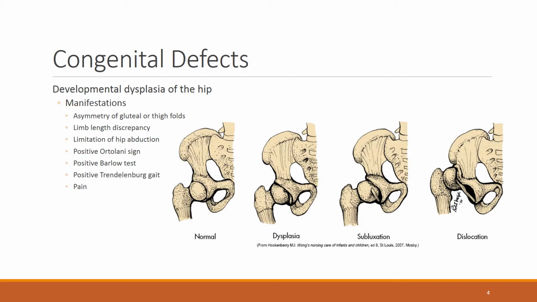The patient, and by patient I mean the newborn baby, will have asymmetry of gluteal or thigh folds. An unexplained limb length discrepancy is always a concern. Other signs are limitation of hip abduction, and several tests: positive Ortolani sign, positive Barlow test, and positive Trendelenburg gait.